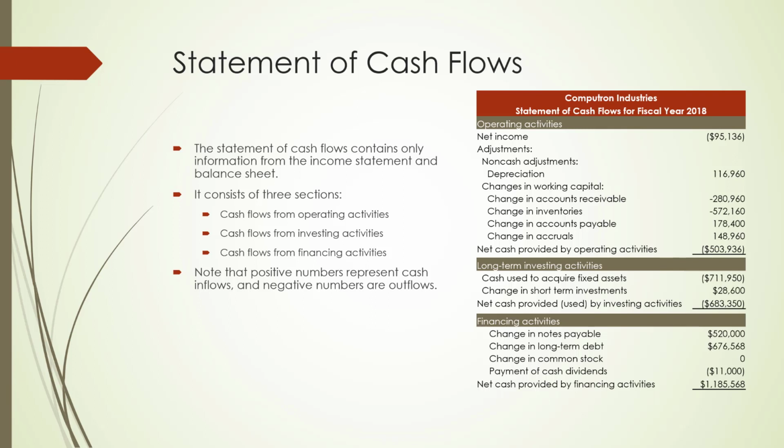Now, also notice that some of these numbers are negative and some of them are positive. Negative cash flows are cash outflows. Positive cash flows are cash inflows. Most of the items on the statement of cash flows are changes in balance sheet items. For example, if you look at the change in accounts receivable, you can see at a glance that during 2018, the company invested $280,960 in accounts receivable.